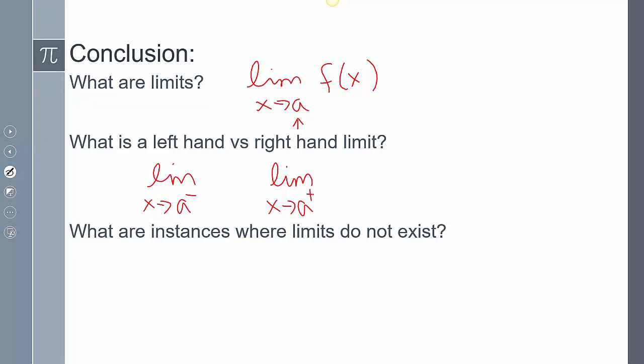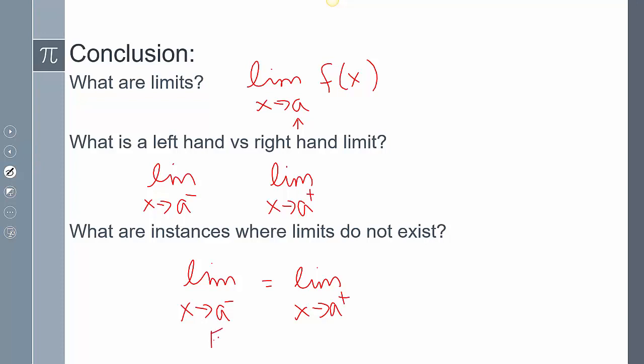What are instances where limits do not exist? Well, for the limit to exist, they have to be defined. So the limit as x approaches a from the negative has to exist, and the limit as x approaches a from the positive has to exist. But then also, these values have to equal each other.